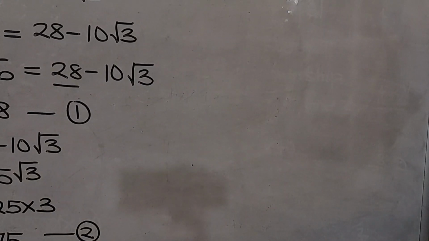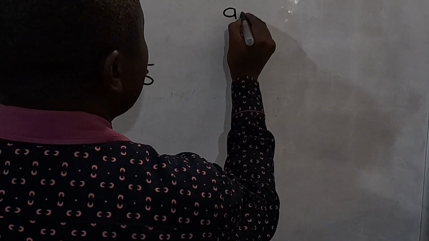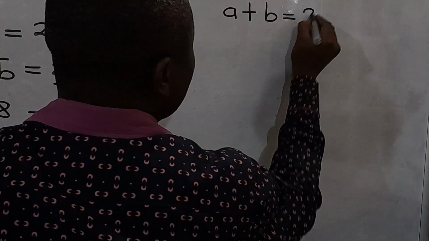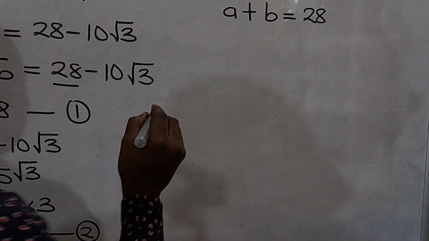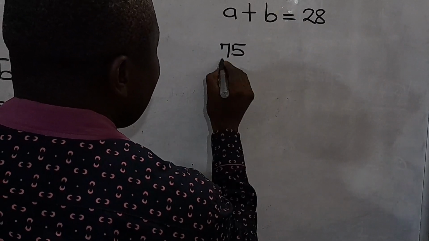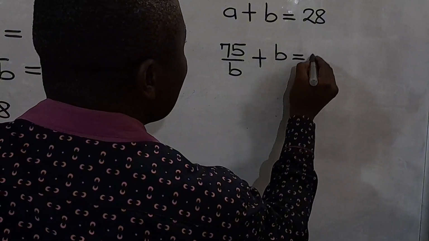Now let's continue. This now becomes a plus b from equation 1, which is 28. But a is 75 over b. So this becomes 75 over b plus b equal to 28.